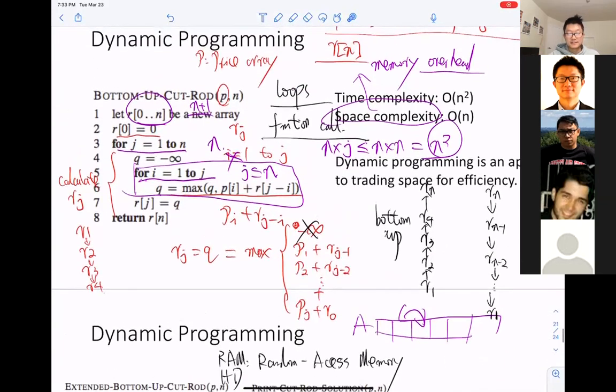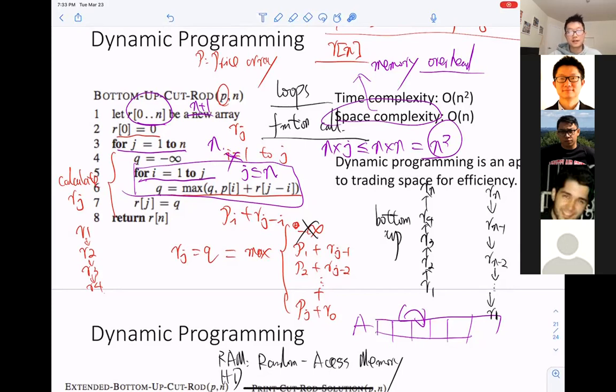I've got one question. You either use bottom up or top down, but not both, right? Right, you either choose bottom up or top down.